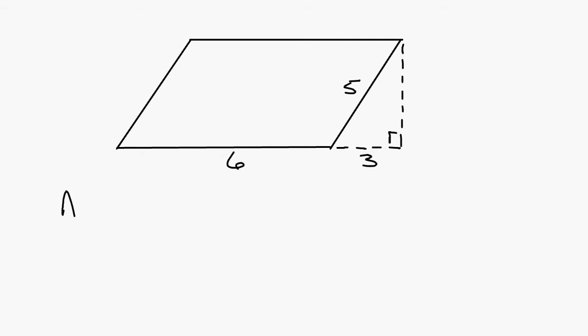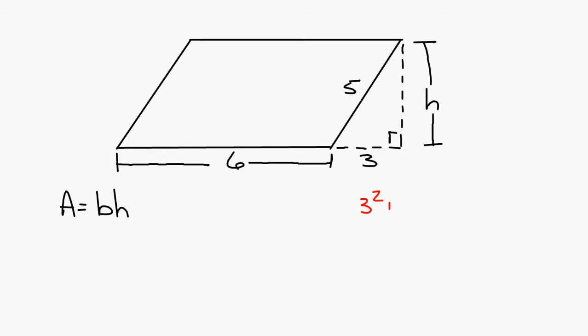So if the area is equal to the base times the height, well, the base is 6. But the height is this side of this right triangle. And this right triangle has one side of 3 and one side of 5. So you can use the Pythagorean theorem here to find the height of the triangle. So 3 squared plus h squared equals 5 squared.